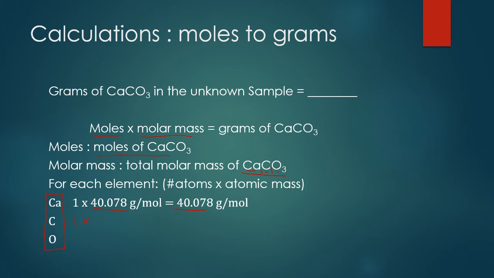Oxygen, same thing, using the subscript, in this case 3, tells you the number of atoms. Find its atomic mass from the periodic table, multiply out, and then add all 3 together. Now that value, whatever you get for the total molar mass, goes into the equation for you to figure out the grams.